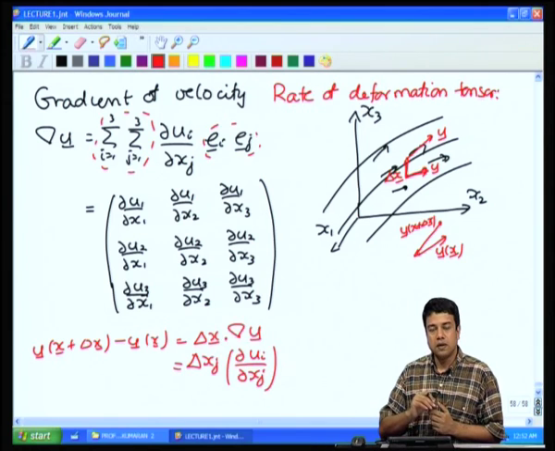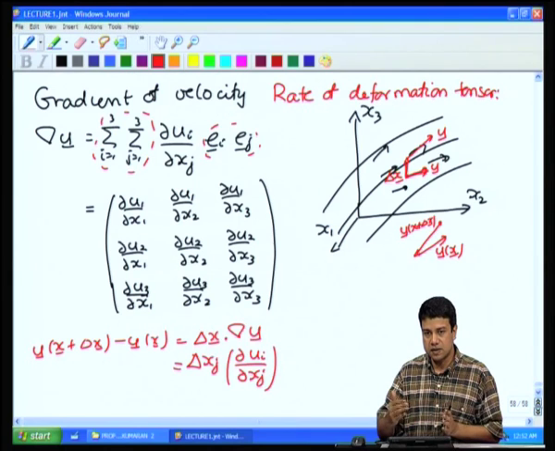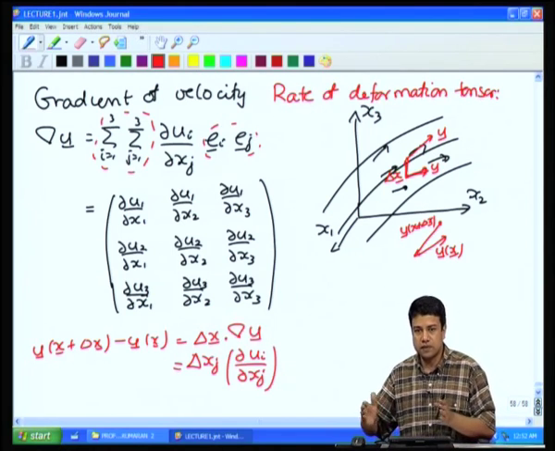Now, there is a principle of Galilean invariance which states that if you have reference frames that are moving with constant velocities with respect to each other, you cannot generate internal stresses within a system if you just move the whole system at a constant velocity.